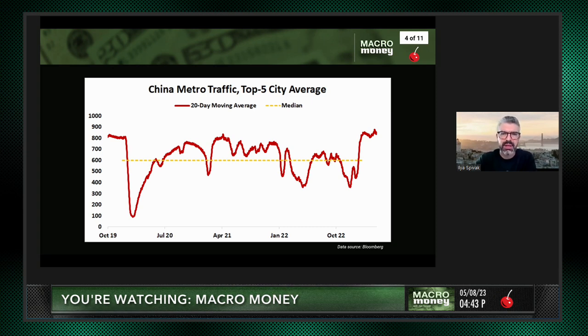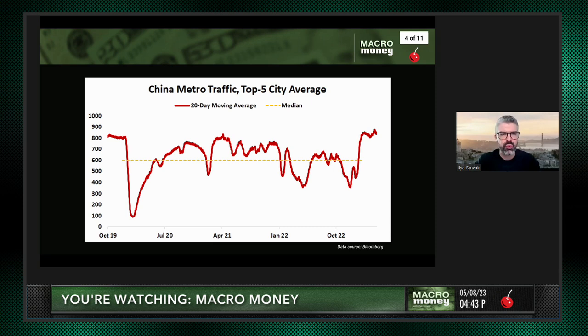This is something that you'll recall we've been using here, if you've been watching on Macro Money, as a kind of stand-in to gauge this reopening, because of course when China scrapped zero COVID lockdown rules, they also stopped reporting COVID cases and stopped reporting just how much of this process has actually run its course. So this is something that's a kind of immediate, almost real-time indicator of economic activity, and this just looks at metro traffic in the top 5 cities in China.